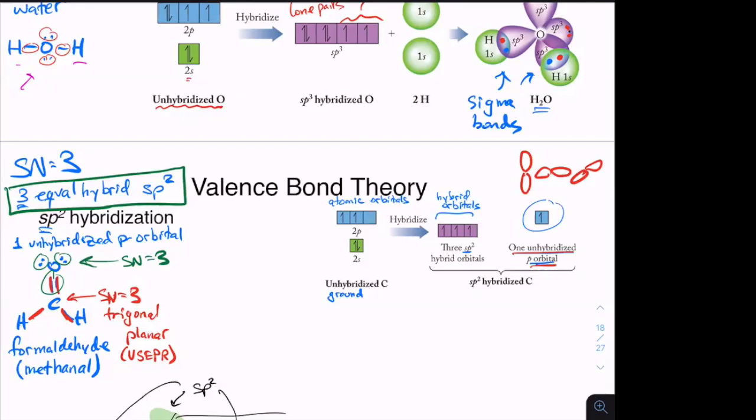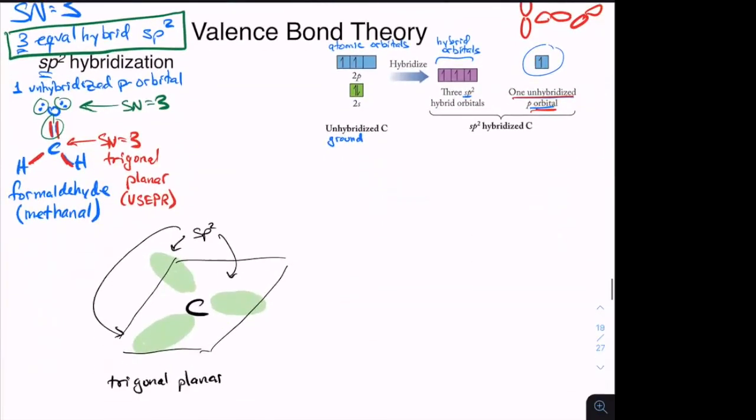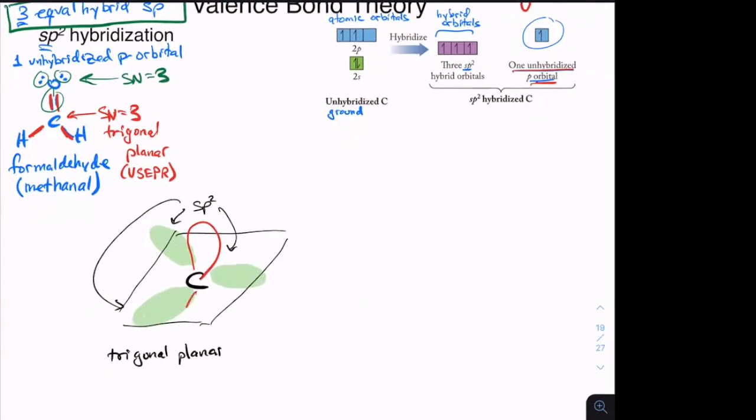That's just the theoretical distribution of where the electrons in that one orbital could be found at any given time. So when it's an unhybridized p orbital, it's bilobe. I'm going to draw one lobe above the plane and one lobe below the plane. This is our unhybridized p orbital, and there's only one.